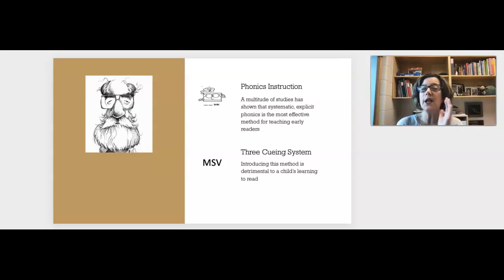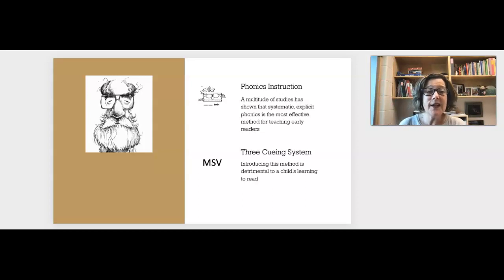Now, does this mean that we're just going to sit with kindergarten kids and do all the phonics? No. We teach them, and I'm going to show you some really great ways to teach kids, but we have to teach them the sounds. We have to link those sounds to actual letters, and we have to get them to understand how to decode.